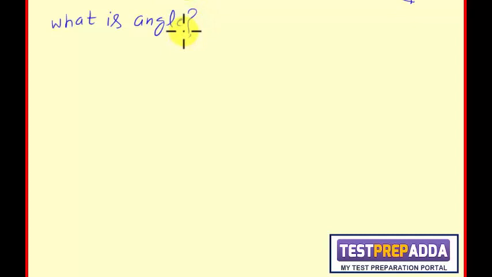Now, before I start trigonometric ratios and identities, I will talk about angle. What is an angle? Consider a point O where two rays are meeting.